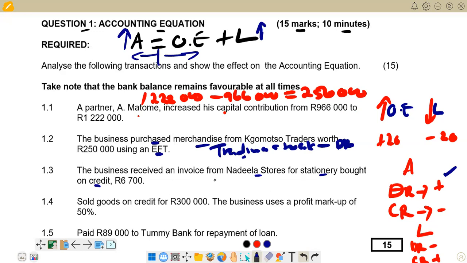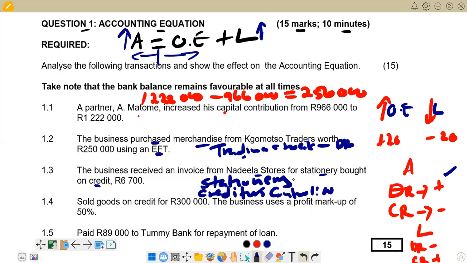So the two accounts that we have there, we have stationery as an expense, and we've got also the creditors control. Remember, Nadella is a creditor. Creditors control, and obviously this is Nadella. So here we are buying stationery, and it's an expense, and we know that all expenses are debited and income is credited.